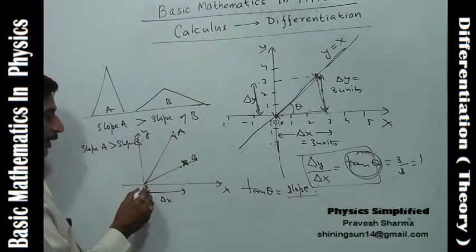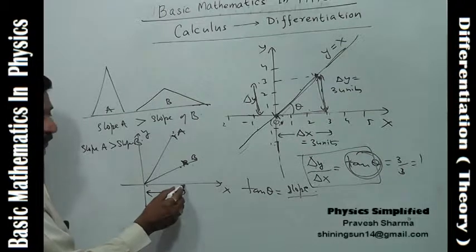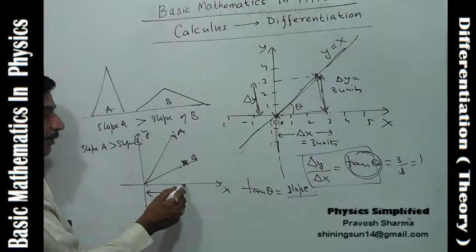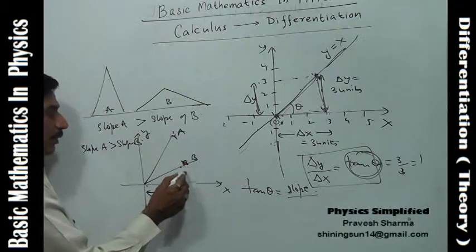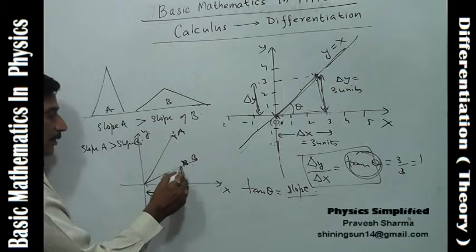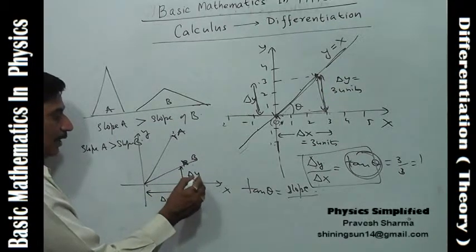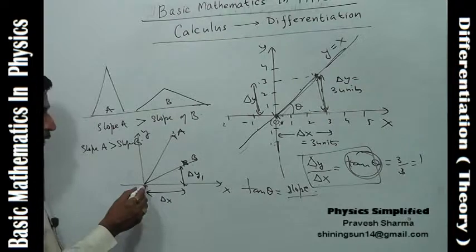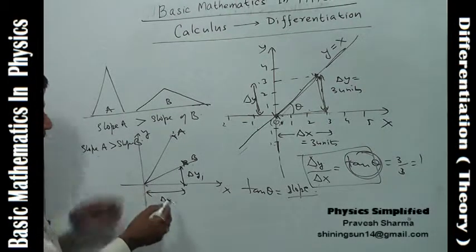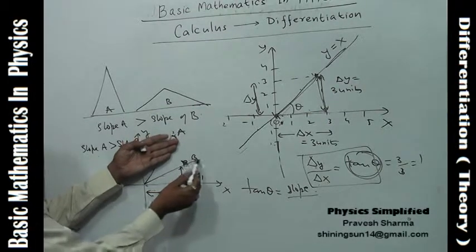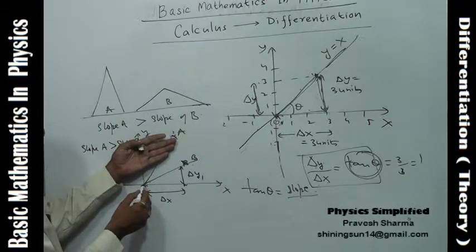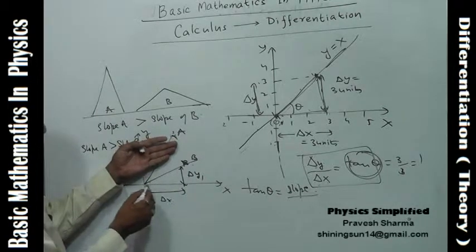So when the value of x changes from here to here, what is the change in the value of y for function B? For function B, this is delta y. I call it delta y1. When the value of x has changed for this function from 0 to x, I take it as delta x.